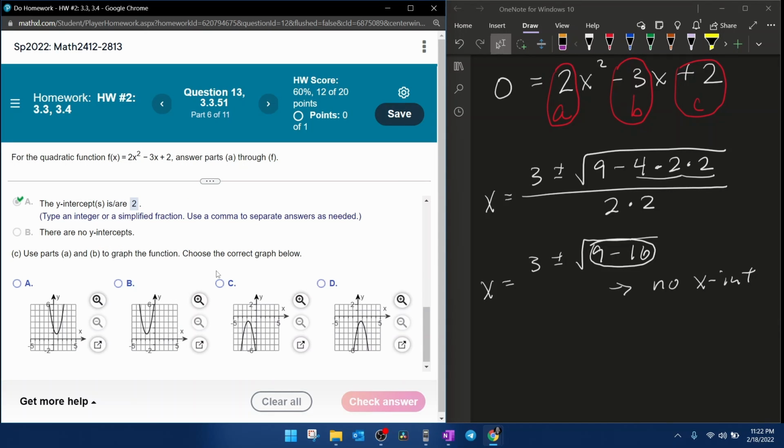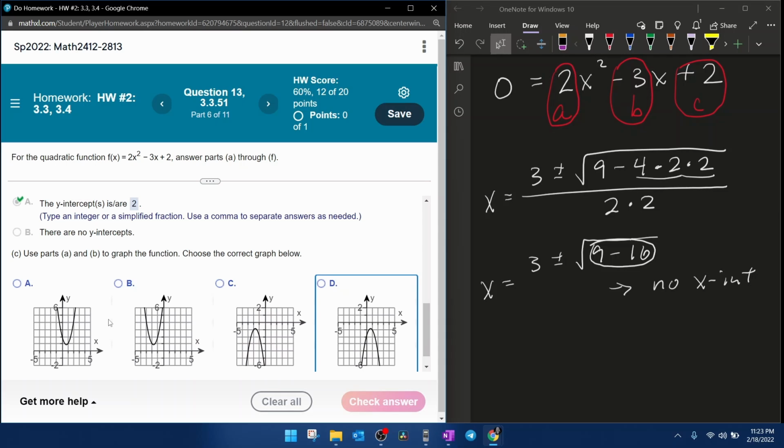Choose the correct graph. None of these graphs cross the x-axis, so all of these are still valid based on the x-intercepts. If I blow these up a bit and take a closer look, answer choice A has a y-intercept of 2.